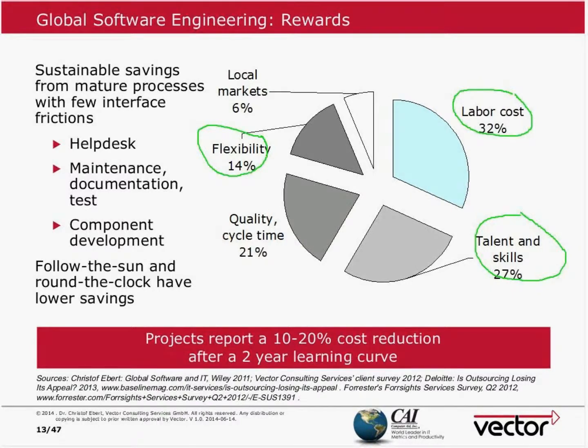So we see a clear move in the reasoning towards talent and skills, flexibility. To a lower degree, it is quality, cycle time, and also growing local market access. If companies want to be present in China, for instance, obviously they increasingly move their product development also into China.